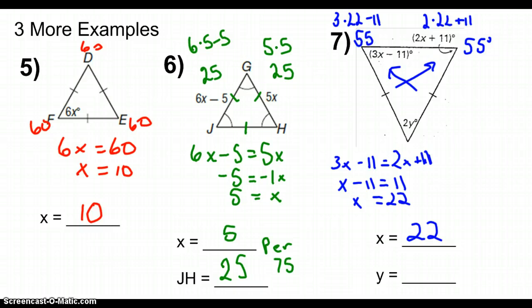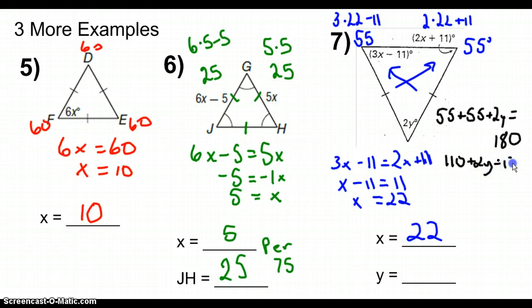We can then use the idea that all three angles of a triangle add up to 180 degrees, so we can take 55, 55, and 2y to set up an equation. So 55 plus 55 plus 2y, and set that equal to 180. Combining like terms, 55 plus 55 is 110, so 110 plus 2y equals 180.